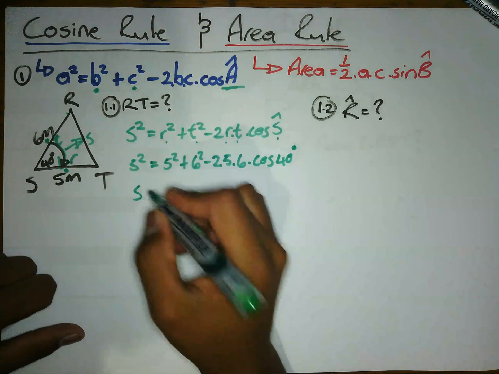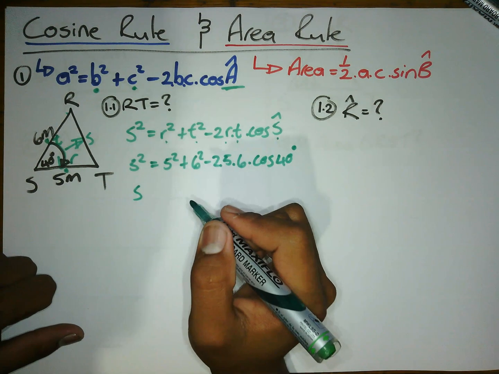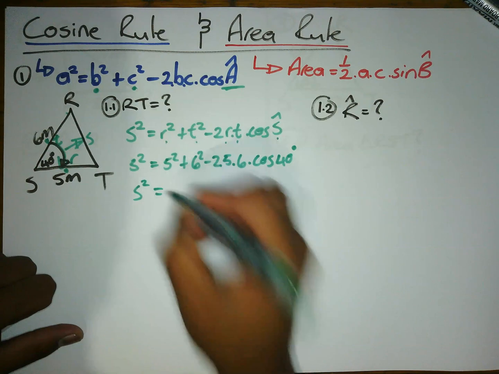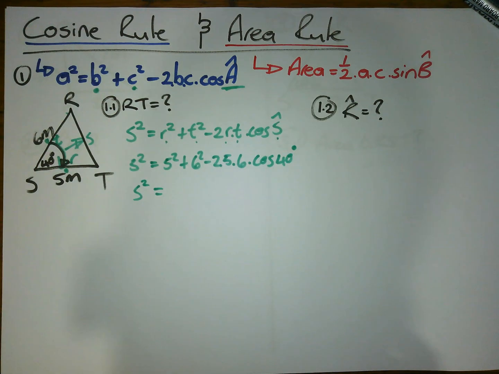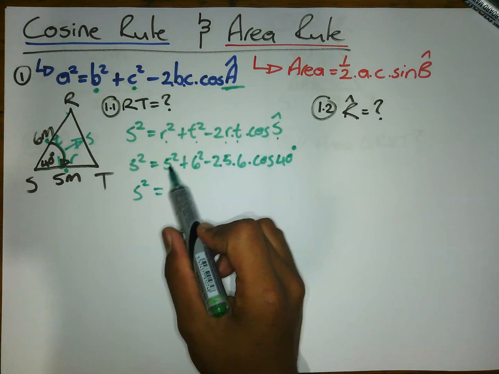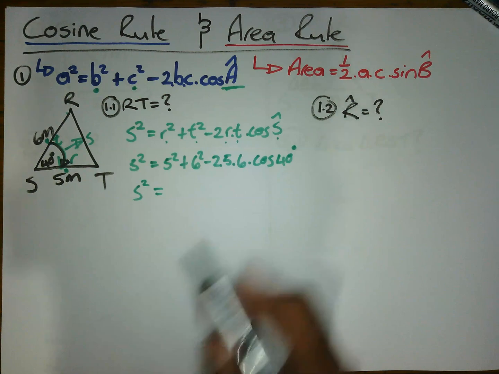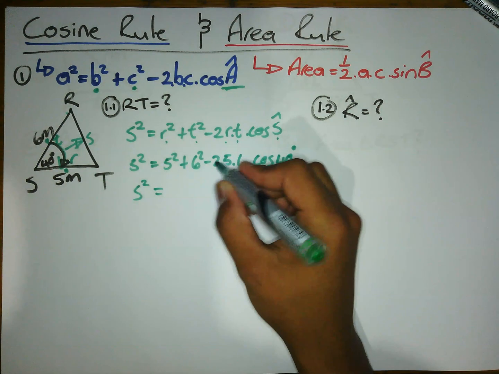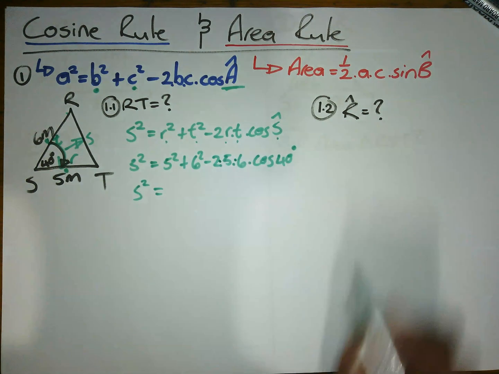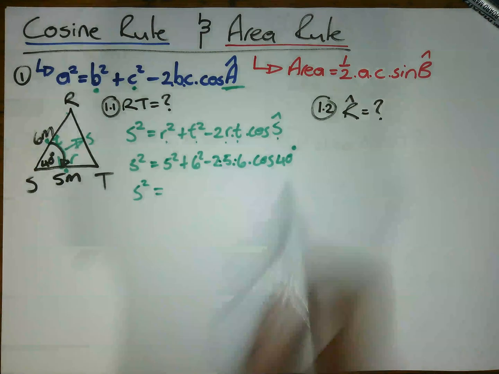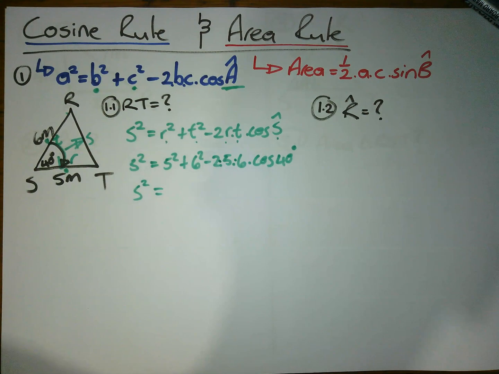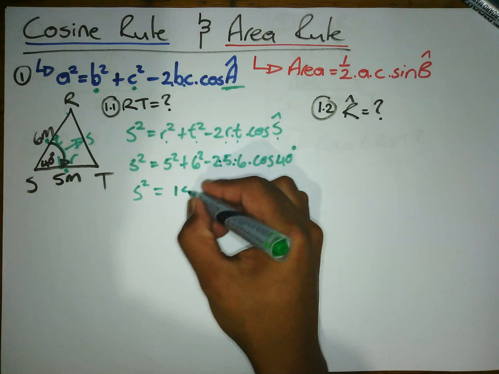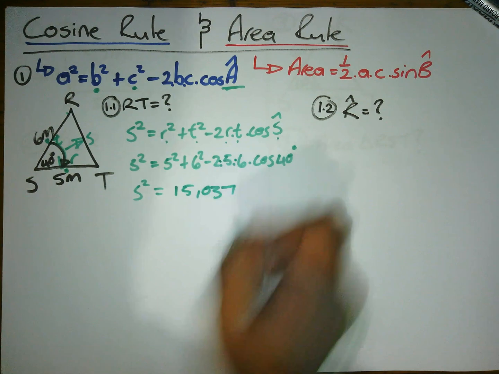Then I will get in my calculator. All I do is type into my calculator directly. So it is 2 times 5 times 6 times cos of 40 degrees. Right? All of these together. Then I will get 15.037.